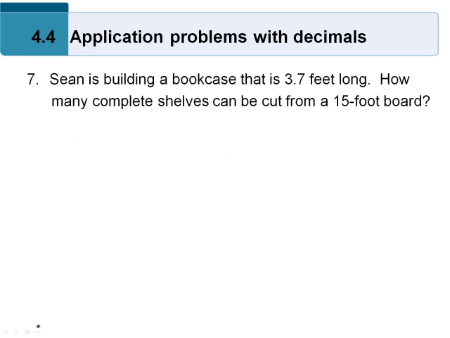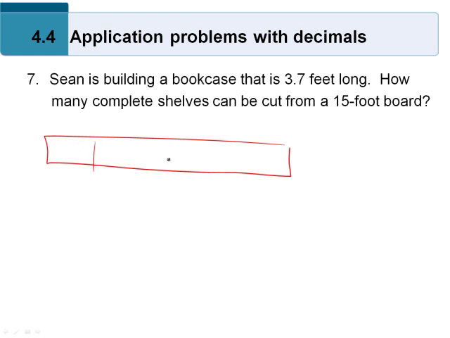Number 7. Sean is building a bookcase with shelves that are 3.7 feet long. How many complete shelves can be cut from a 15-foot board? So you've got this big long board here, 15 feet, and you want to know if you cut it, each piece has to be 3.7 feet long, that's the whole idea. So we're dividing it.